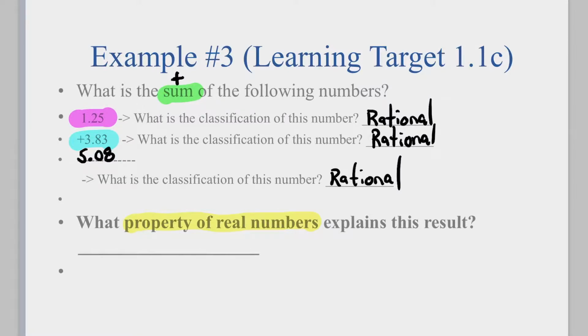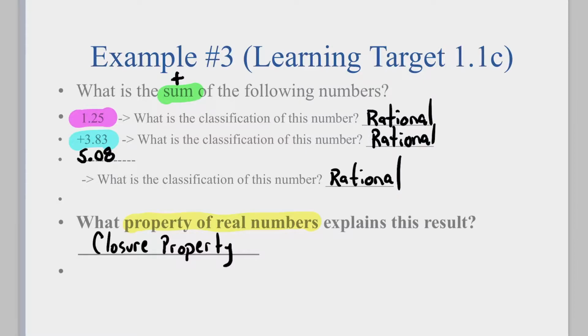So thinking back at all the properties that we have discussed, one in particular, that property was the closure property. And I would encourage you to hit your rewind button, go back, and listen to the explanation of the closure property once again.